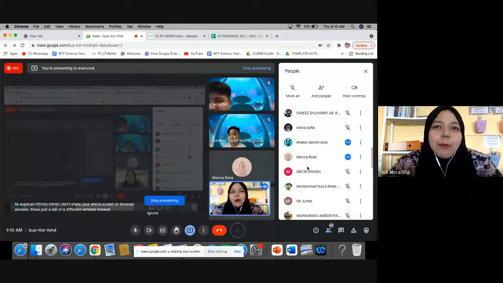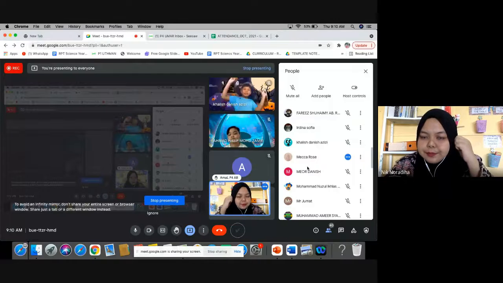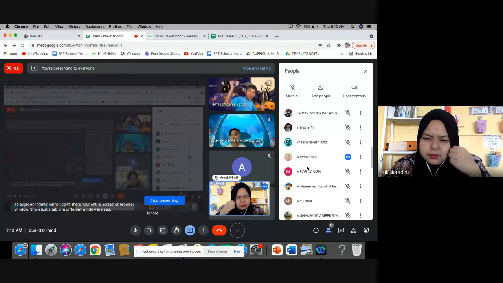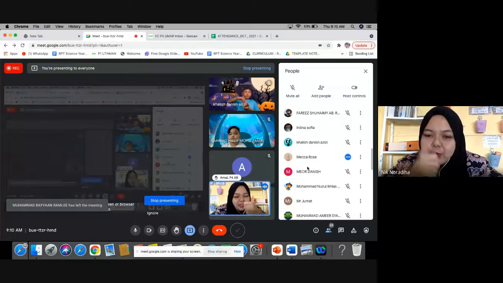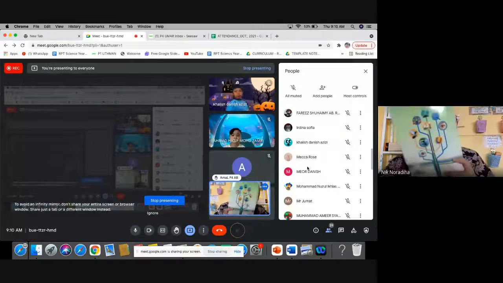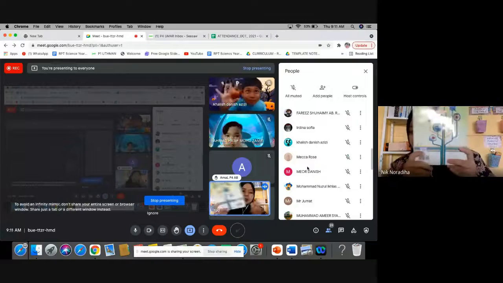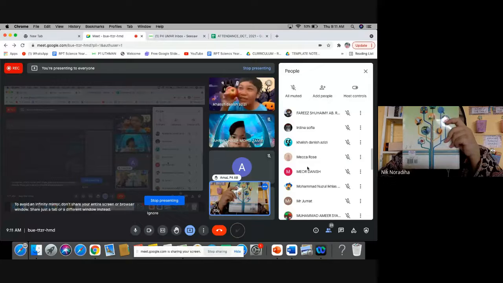Mecca, how about an opaque object? Opaque object. The light can pass through or not? No. Correct. Thank you, Mecca. Opaque object, the light cannot pass through. For example, this book. Is this book opaque, transparent, or translucent, everyone?